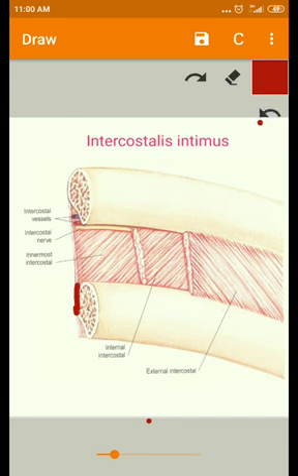So here you can see this muscle is present on the inner side of the thorax, inner side of the internal intercostal space.